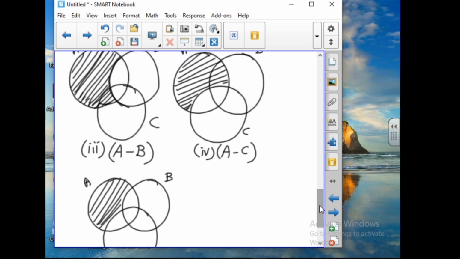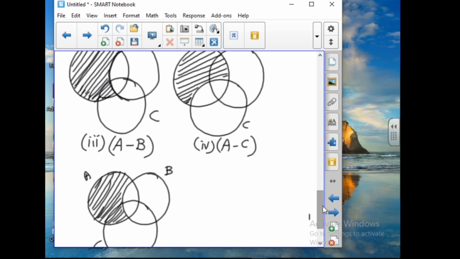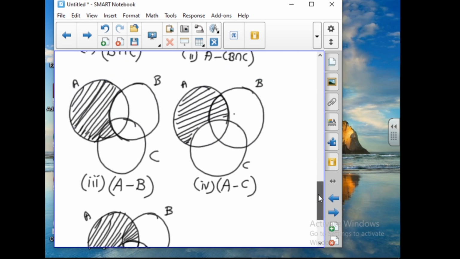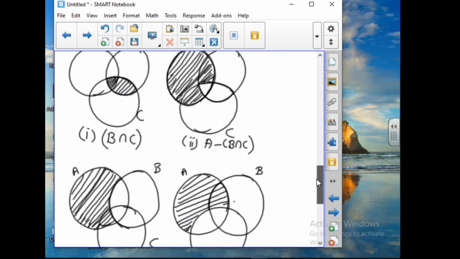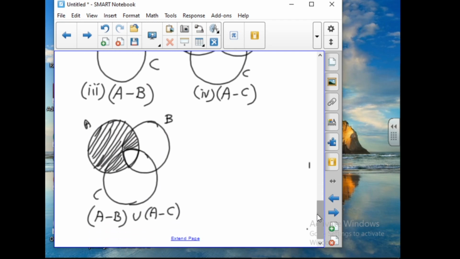In the third diagram this part is shaded. In the fourth diagram this part also is shaded. So like this, here also shaded. So in this, except this part, you have to shade. So see, the second diagram is equal to diagram 5. So this is your fifth diagram.